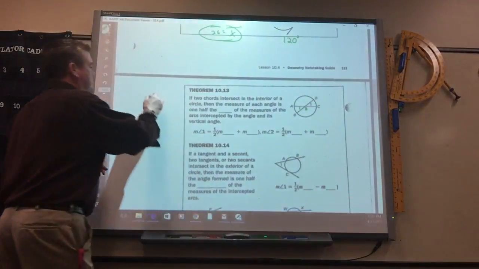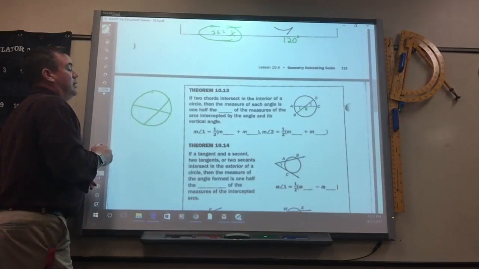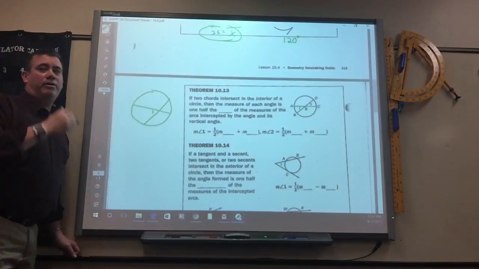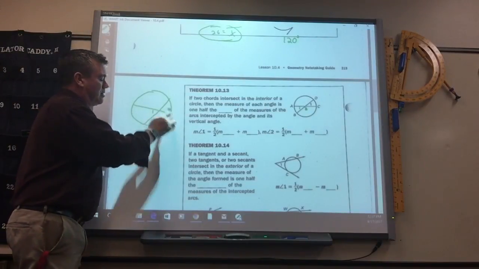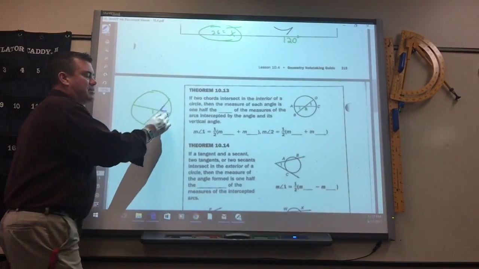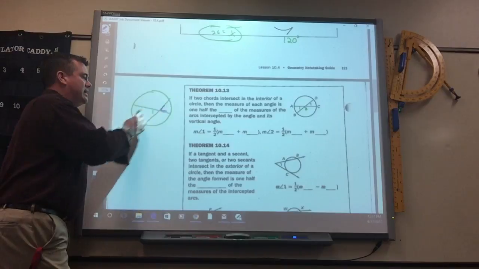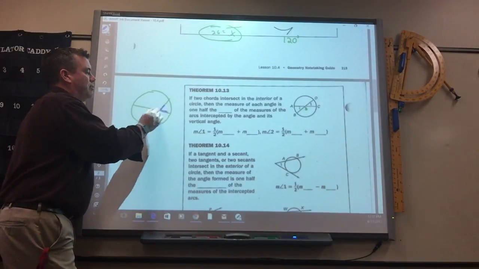So the easiest thing to do to show you is just to show you an example. If they're looking for angle 1 right here, this isn't a central angle, so it's not the same as this arc, and it's not an inscribed angle, so it's not half of this arc.